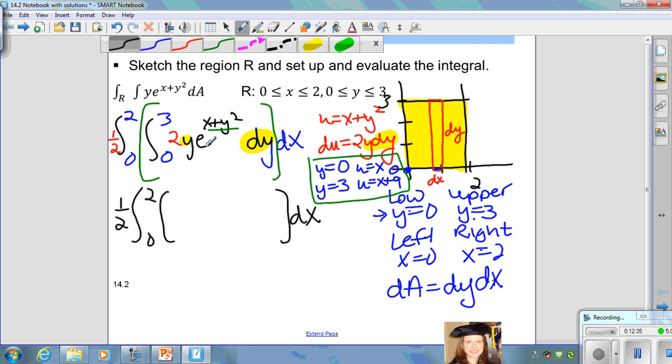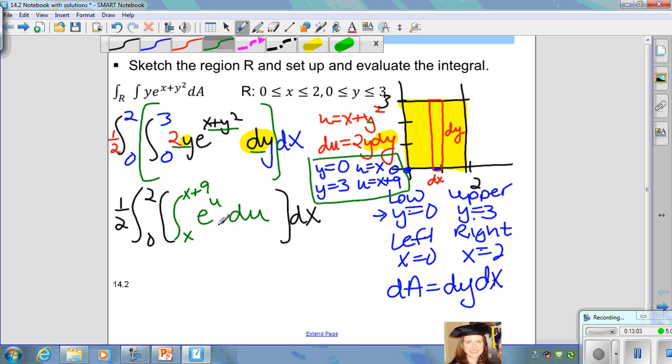And we're going to use u substitution here. This is going to look like the integral of e to the u, and then the 2y and the dy make up your du. And then your bounds for u: when y equals 0, u is equal to x, and when y is equal to 3, u is equal to x plus 9.